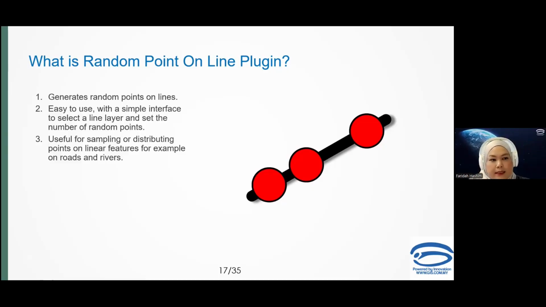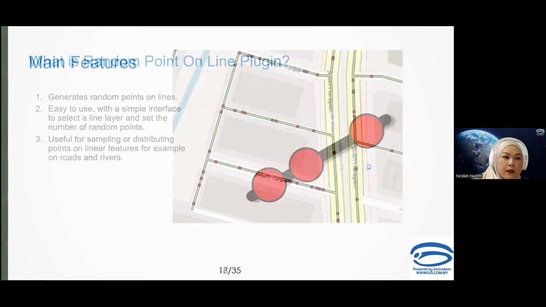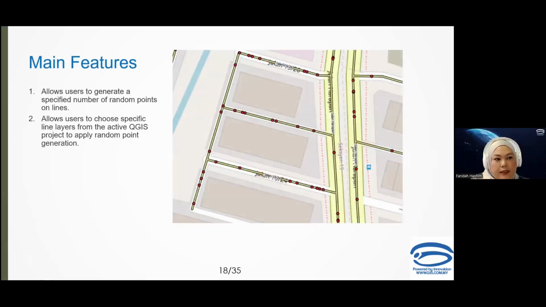It is very useful for sampling and distributing points on linear features, for example on roads and rivers. Its main feature is to generate a specific number of random points on lines, and it also allows the user to choose a specific line layer from the active QGIS project, so it can apply the random point generation.